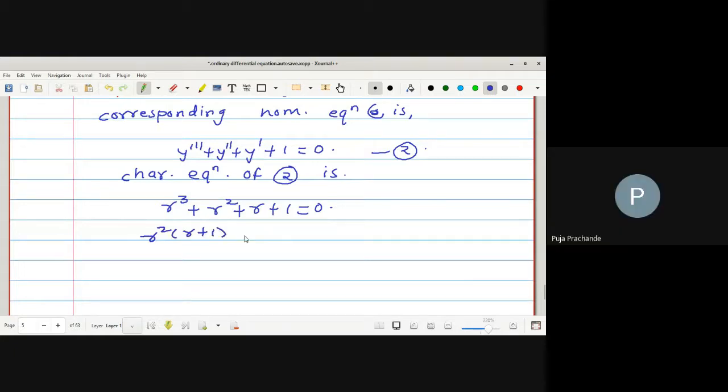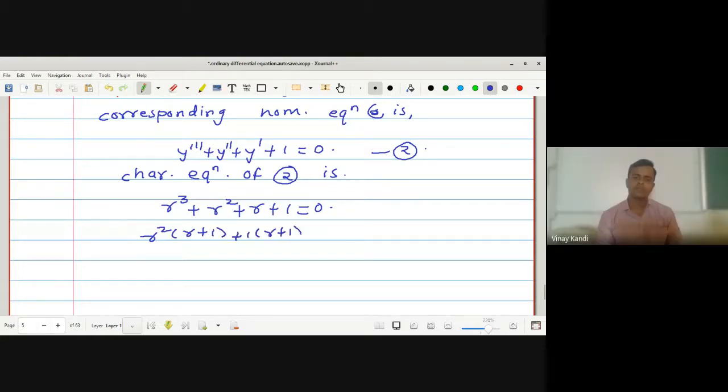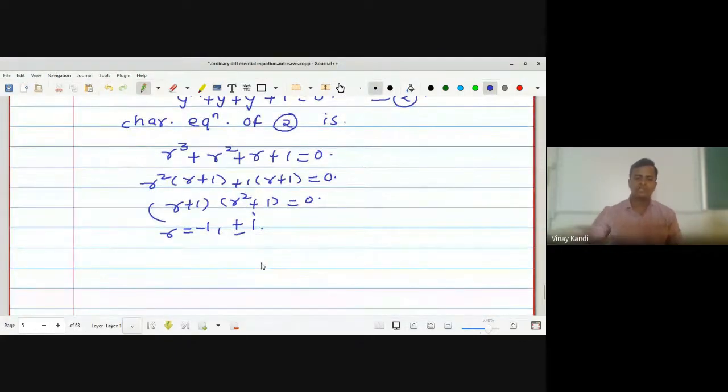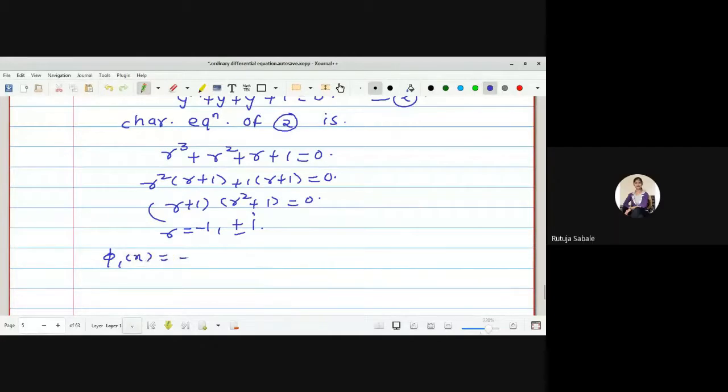So r plus 1 times r square plus 1 is equal to 0. So r is equal to minus 1 and plus minus i. Now tell me what is phi 1 of x? e raised to minus x.